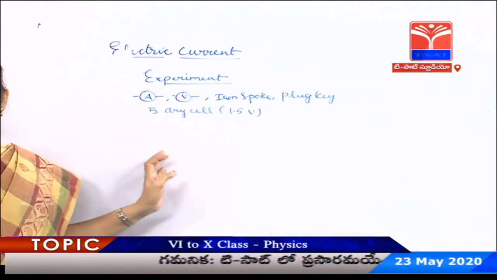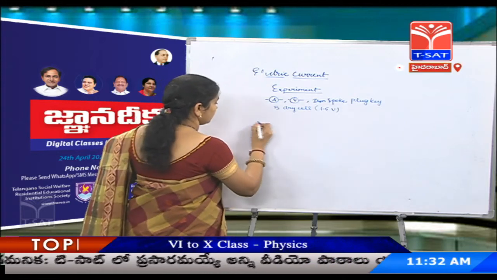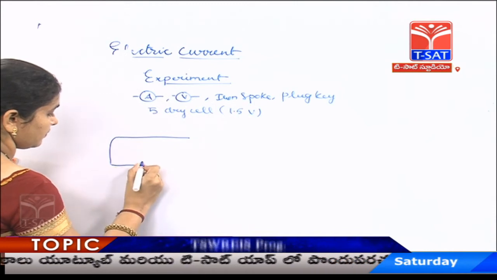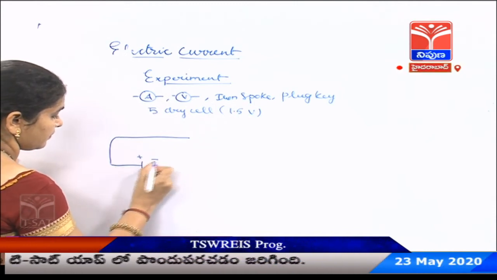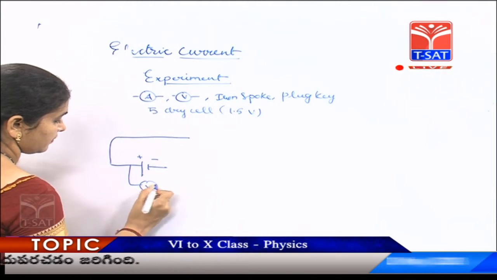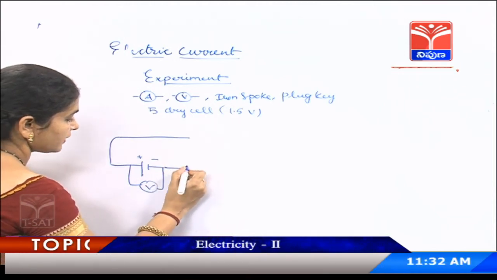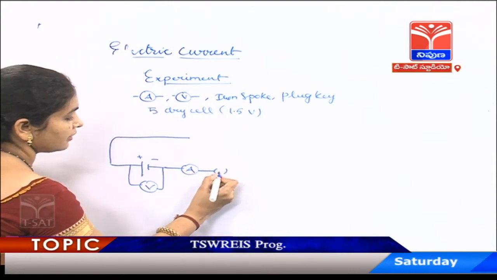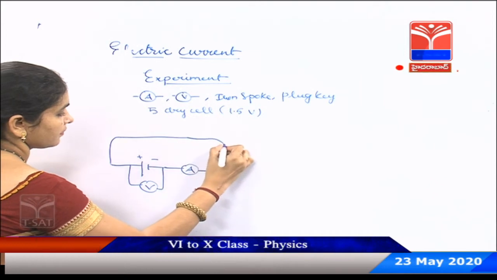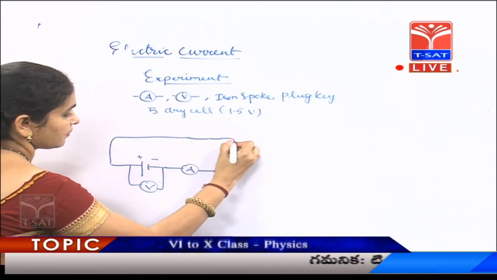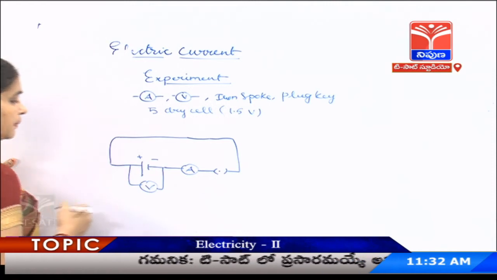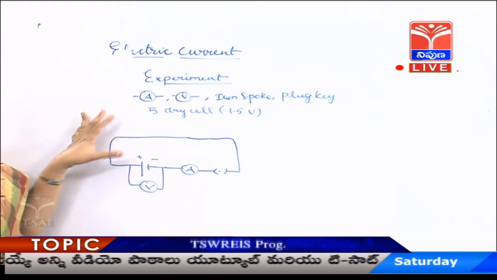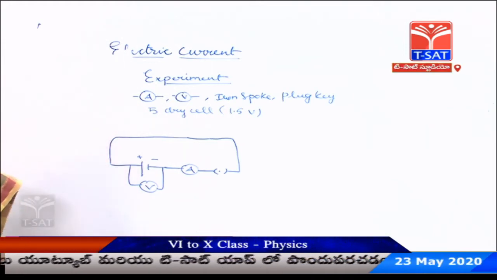Connect the circuit as shown in the figure. Voltmeter is always connected in parallel and ammeter is connected in series.